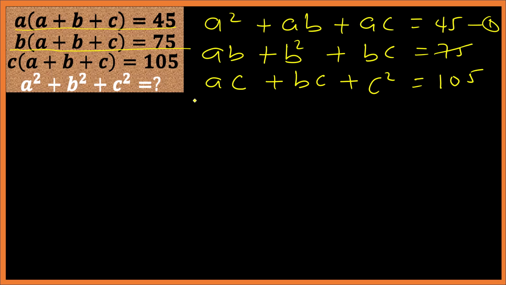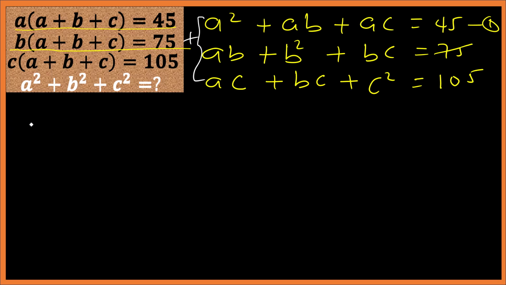Okay, so what I'm going to do here is to add the three equations. I'm going to put them together. Now I have a squared, b squared, and c squared here. So let's put them together and see what will happen.